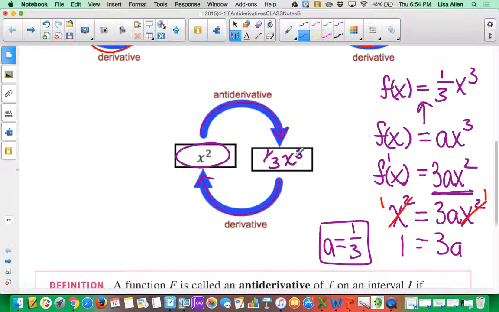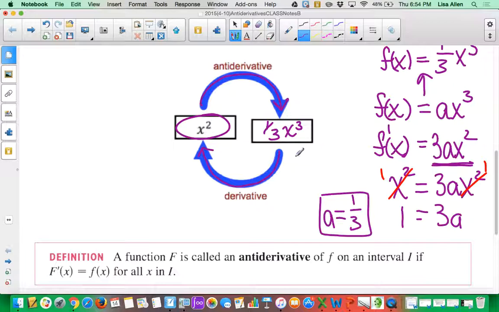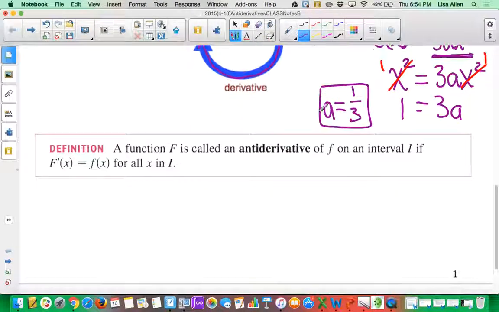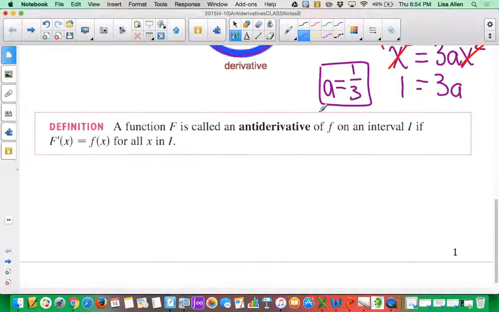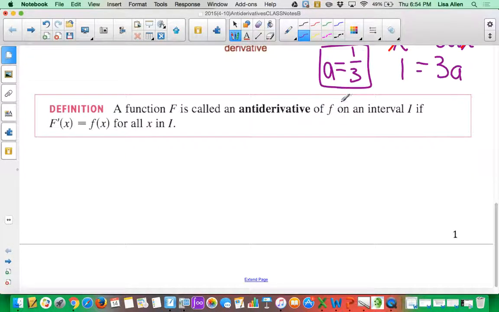Okay, so if we look at the formal definition then, now we just found an antiderivative. I'm going to label it F to go along with what we're looking at down in the definition. So a function F is called an antiderivative of a lowercase f function on an interval I if F prime of x is equal to lowercase f of x. So remember, an antiderivative we had was 1/3 x cubed.